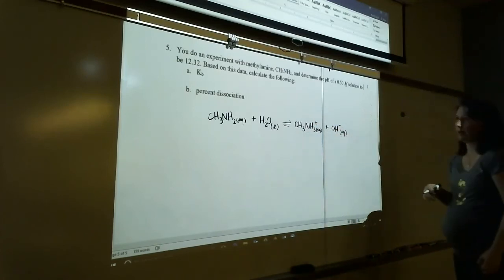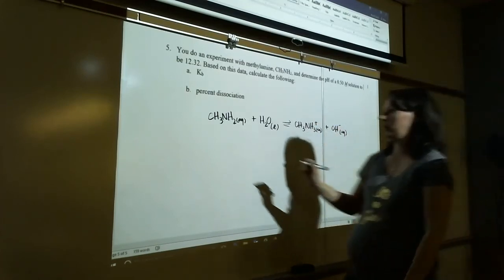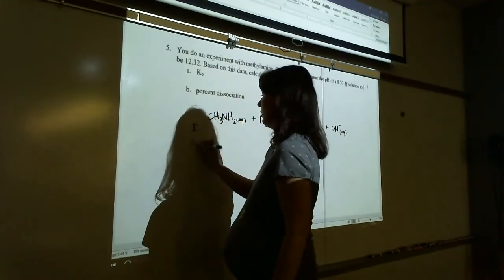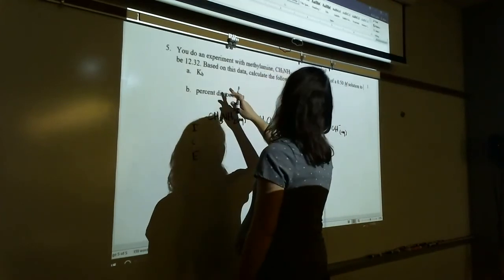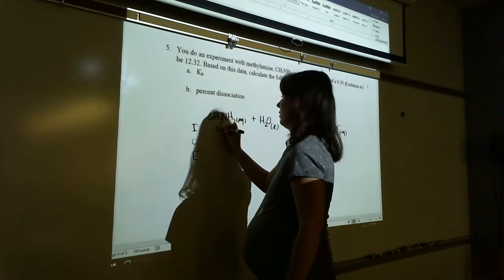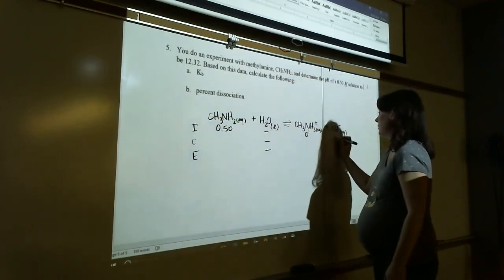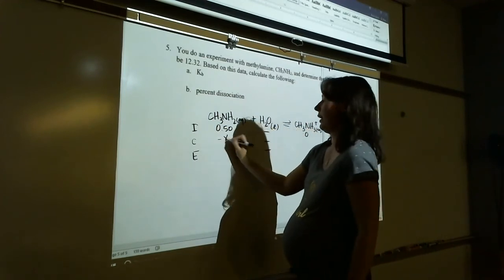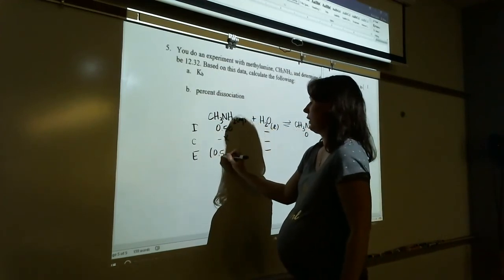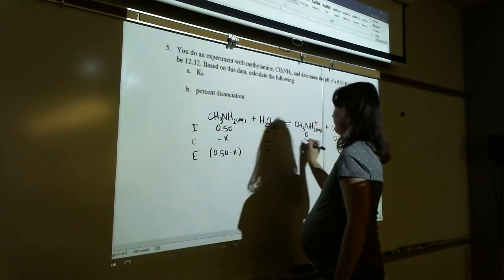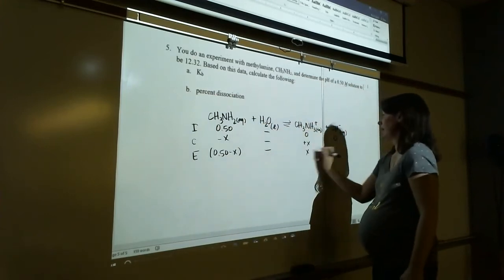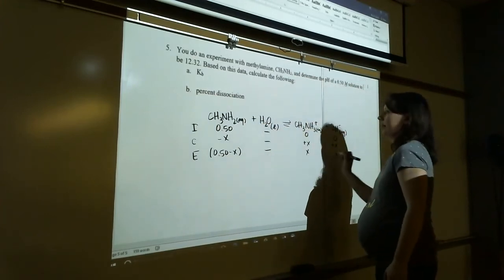All right, so we're gonna set up an ice table. This is a 0.5 molar solution. This is initially 0 and 0. This goes down by x, 0.50 minus x, plus x, x, plus x, x.